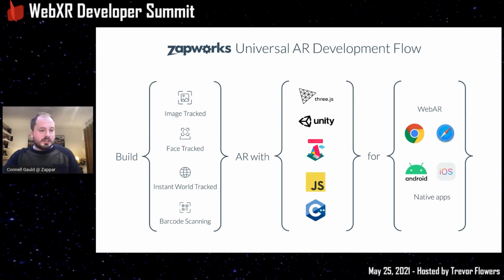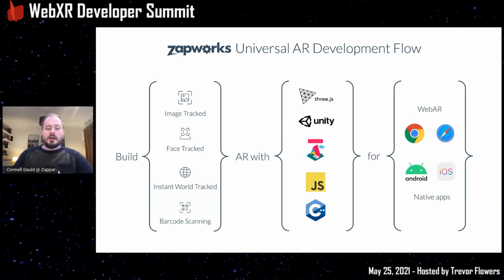It looks like this. So Universal AR lets you build tracked experiences. So that might be image tracked or face tracked or world tracked, which we'll see in a moment. And it lets you build them with the content platforms and libraries you're already used to. So Three.js and A-Frame on the web, Unity also supporting its WebGL output, and the SDKs for JavaScript and C++.